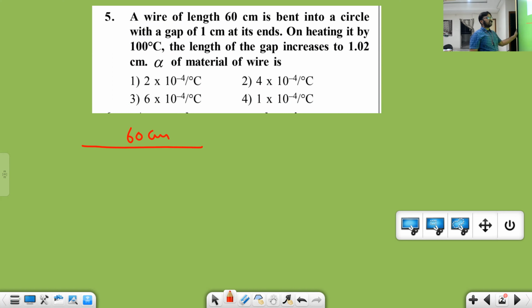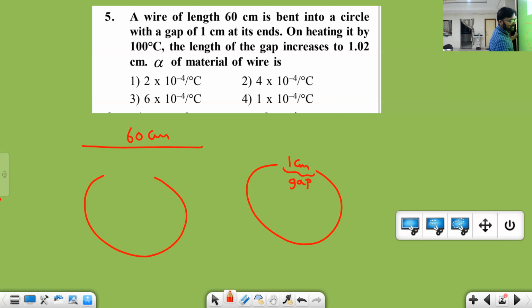Okay. So here they have taken a 60 centimeter wire and bent it into a circle, keeping some gap. Initially, how much gap is there, beta? 1 centimeter gap is there, right? That is the information. Later, they increase the temperature. First, it is at the initial temperature T degrees centigrade.